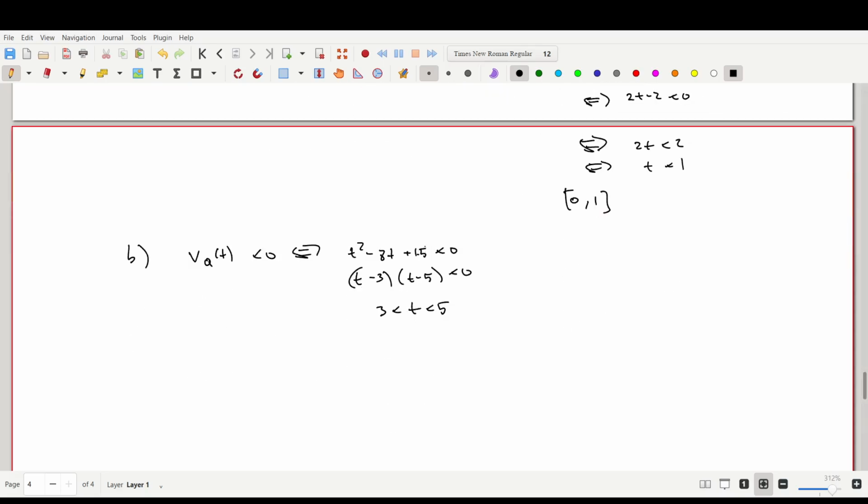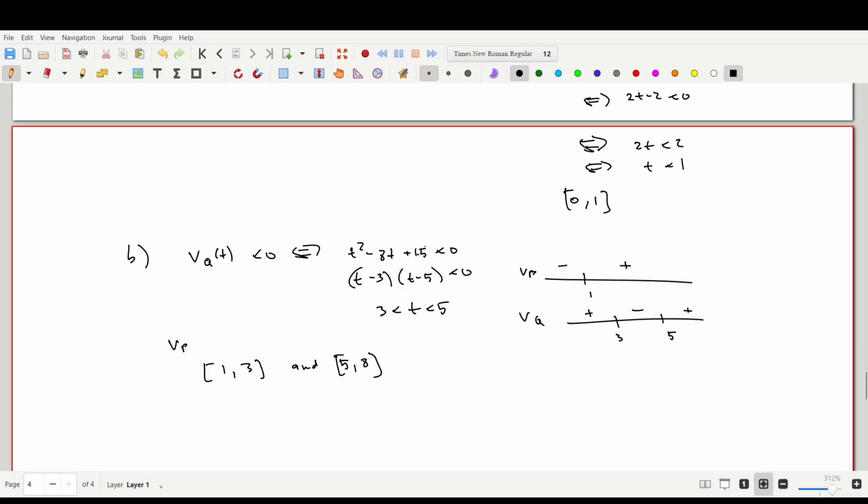So you can kind of think of a little sign diagram here. Here's vP. It goes negative, positive, and then this is 1, and then vQ at 3 and 5, it goes positive, negative, positive, like that. So same direction, 1 to 3, and 5 to 8.